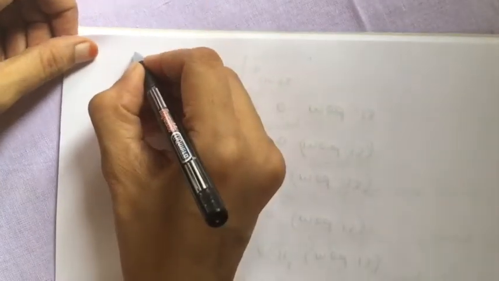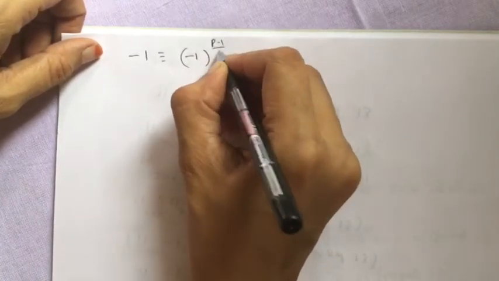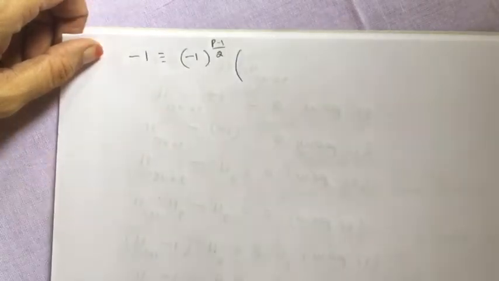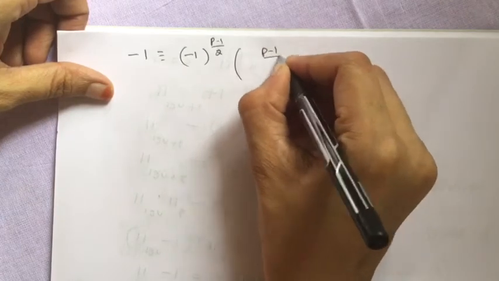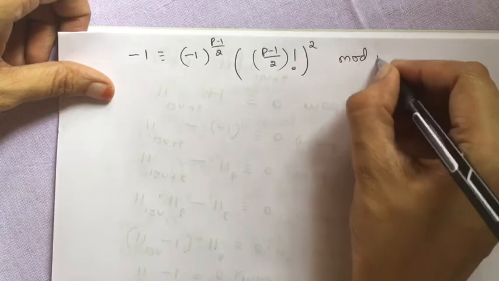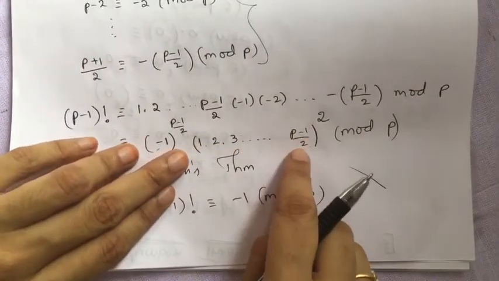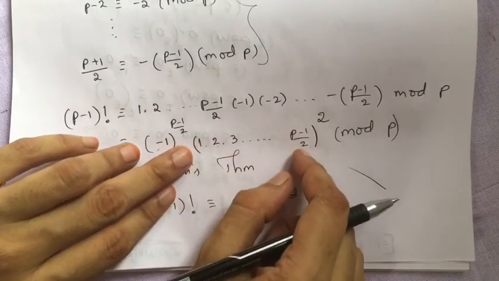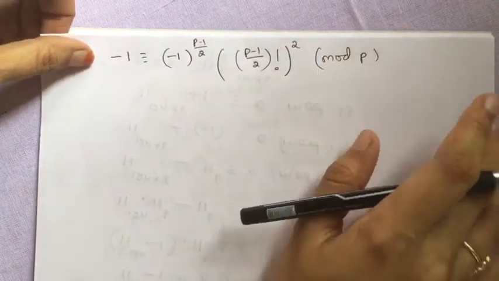So minus 1 is congruent to minus 1 power (p minus 1) by 2 into ((p minus 1) by 2) factorial squared, mod p. Why? See, this is 1 into 2 into 3 up to (p minus 1) by 2, that is nothing but ((p minus 1) by 2) factorial. It is squared.